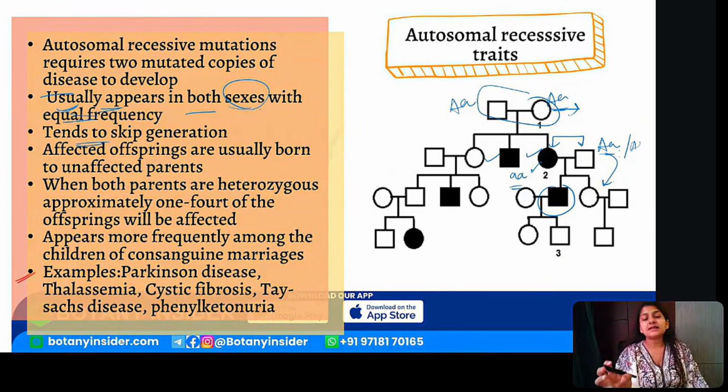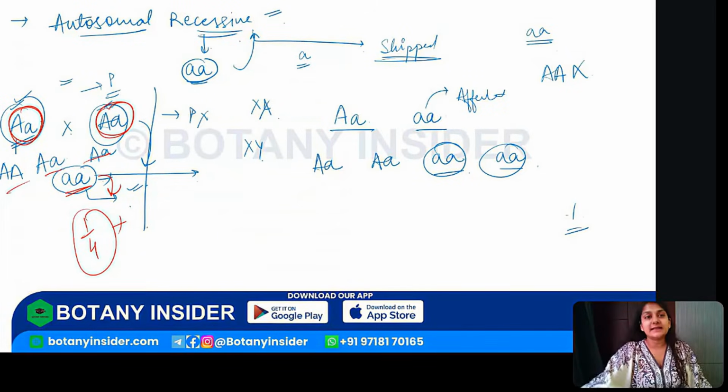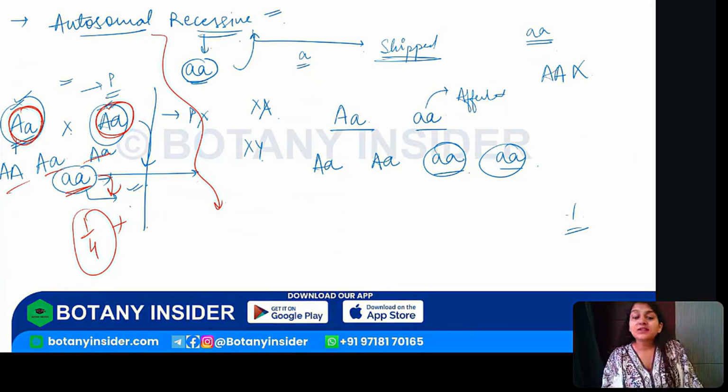Examples are Parkinson's disease, thalassemia, cystic fibrosis, Tay-Sachs disease, phenylketonuria, etc. And this type of autosomal recessive inheritance is majorly seen in the area where there is consanguineous marriage.